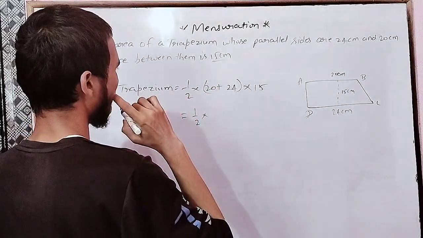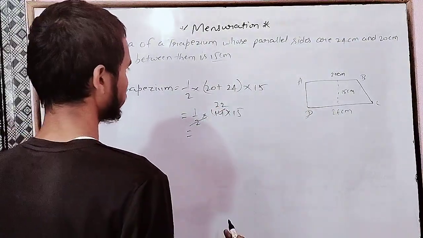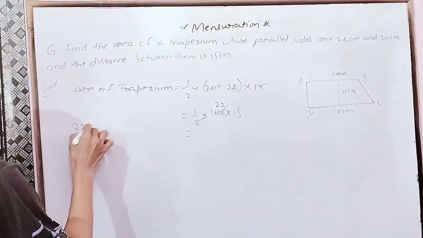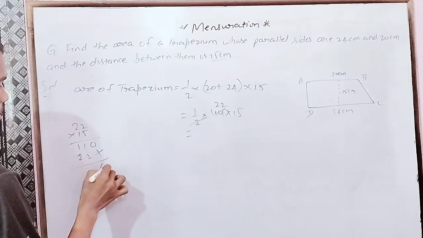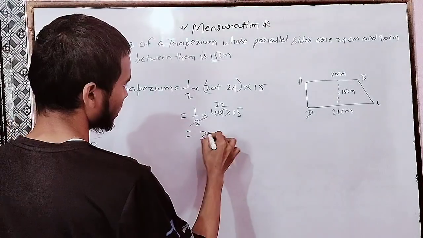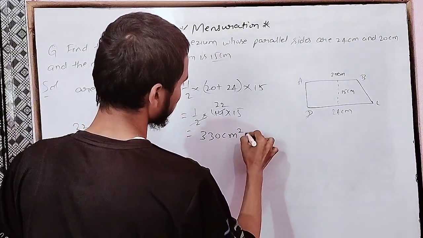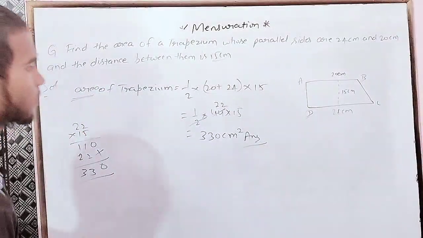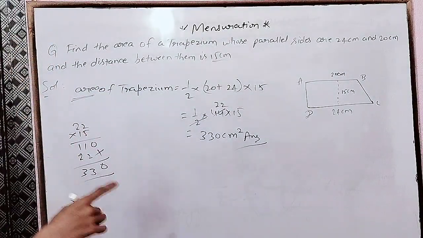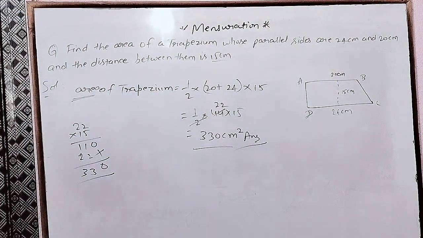How much? 44 multiplied by 15, 22 times 15, which is 330 centimeters. That's fine, because it is area. So the area of this trapezium is 330 centimeter square.